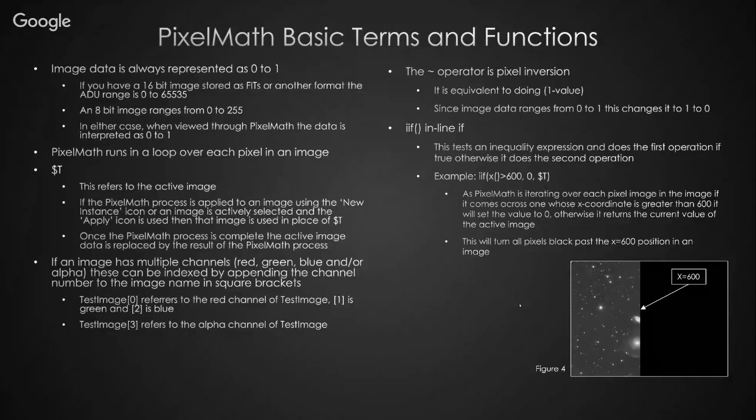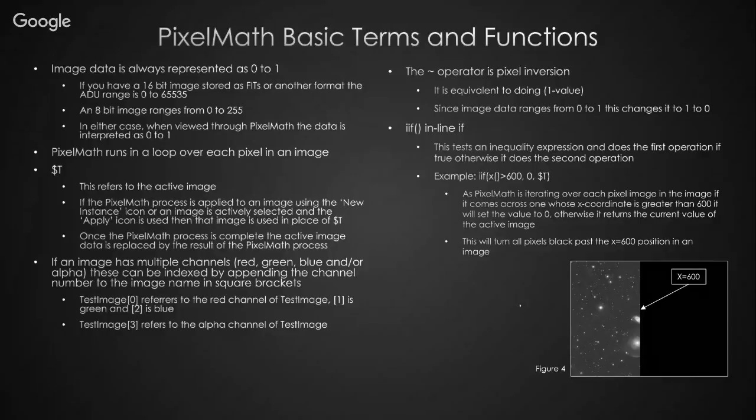And then if I hit the apply icon, and that's my active image, or I use the new instance icon and drag it to this image, it will be applied to that image. So once the PixelMath process is complete, that active image is updated with the result of that PixelMath process.